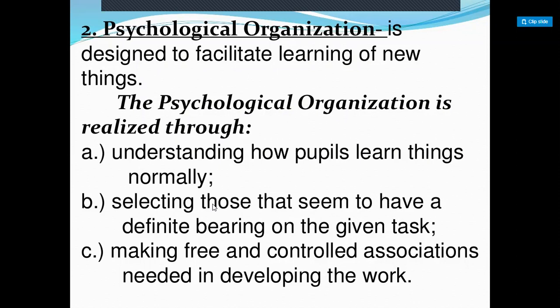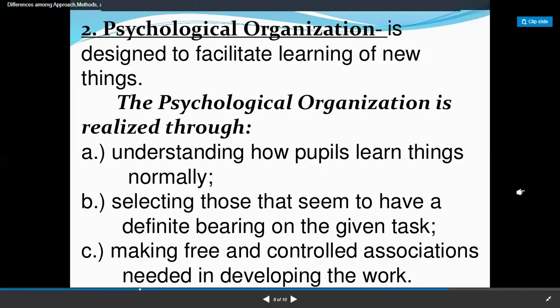Why? Because you need to adapt your materials to your students. Number two, selecting those that seem to have a definite bearing on the given task. Okay, so let's say this.